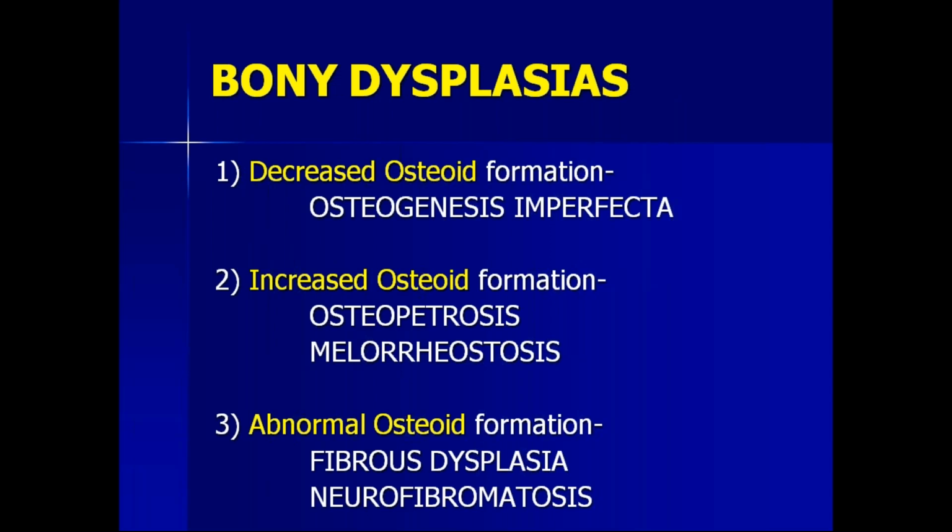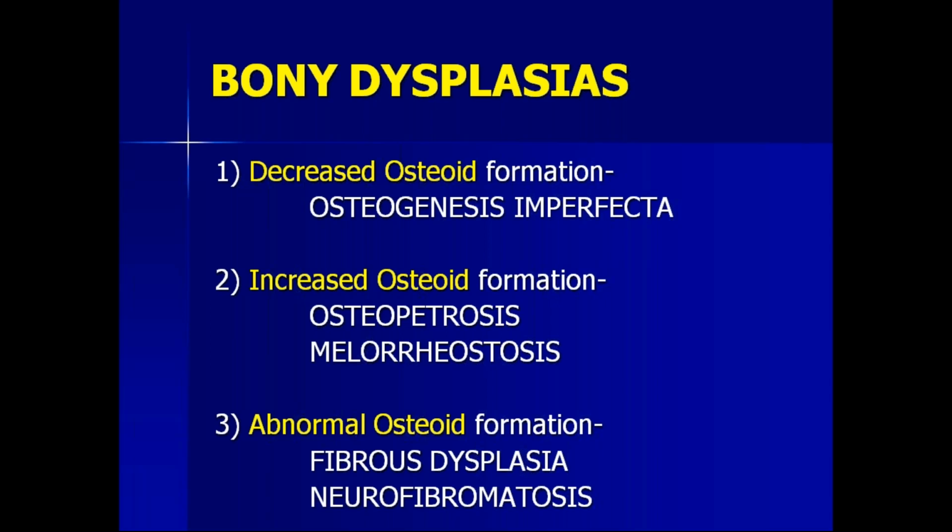In bony dysplasias, you can have decreased bone formation, seen in osteogenesis imperfecta, where the bones are weak, fracture very easily and deform. In increased bone formation, you have osteopetrosis and melorheostosis, which we will discuss. Osteopetrosis is also called marble bone disease.